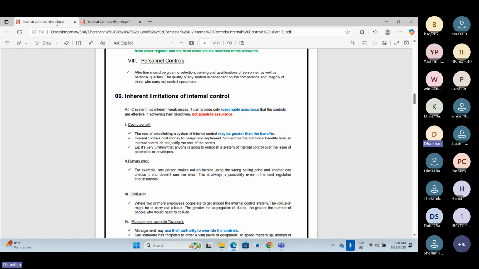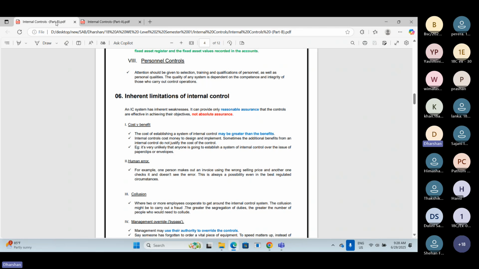Like sales and purchase, the main processes. On the other hand, stapler pin consumption. Just imagine these three processes: stapler pin consumption, sales and purchase. First of all, the organization should implement internal controls for all these processes.